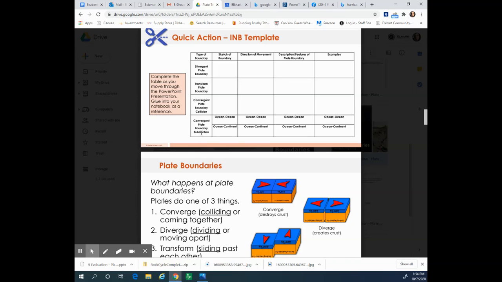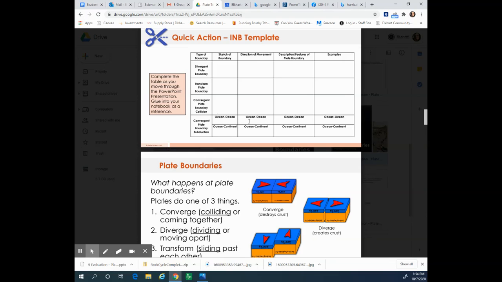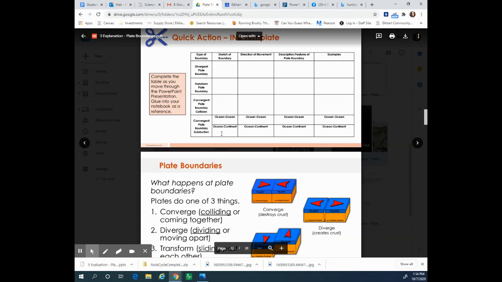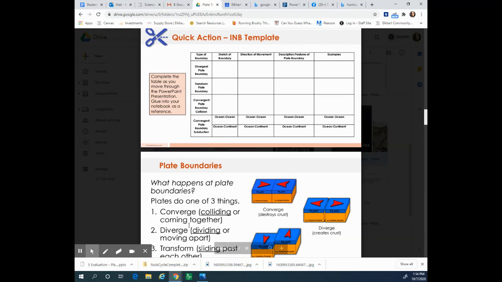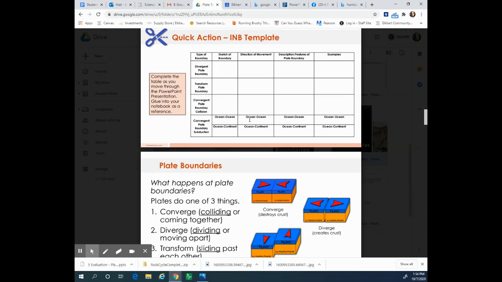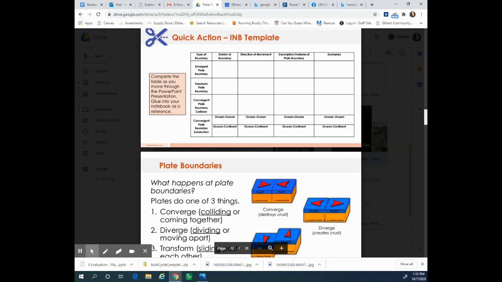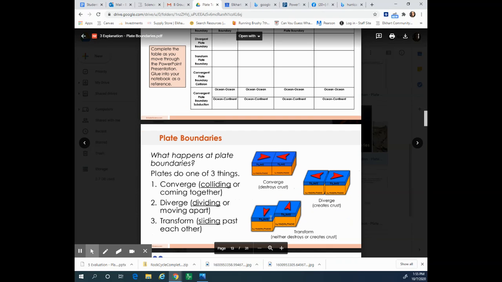Okay, so you're going to give me two plates that are converging that are under the ocean, two plates that are ocean to land that are diverging, or ocean to ocean that is transforming, which means sliding past each other. It doesn't matter what order you use it in, but you want to use that.